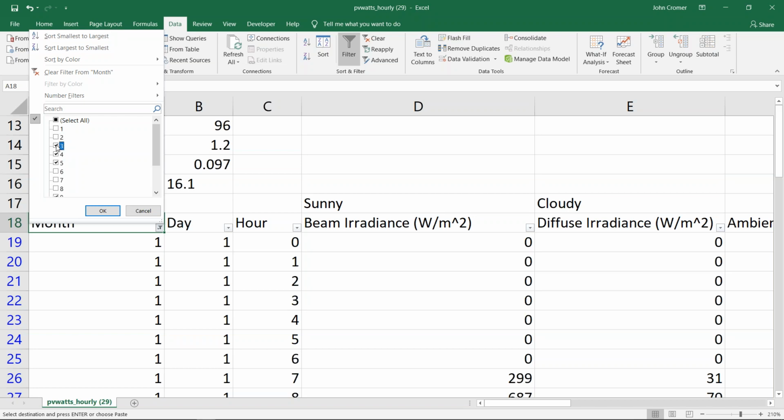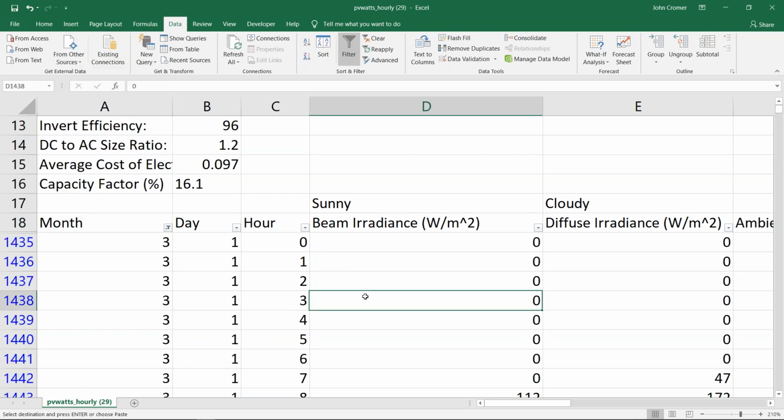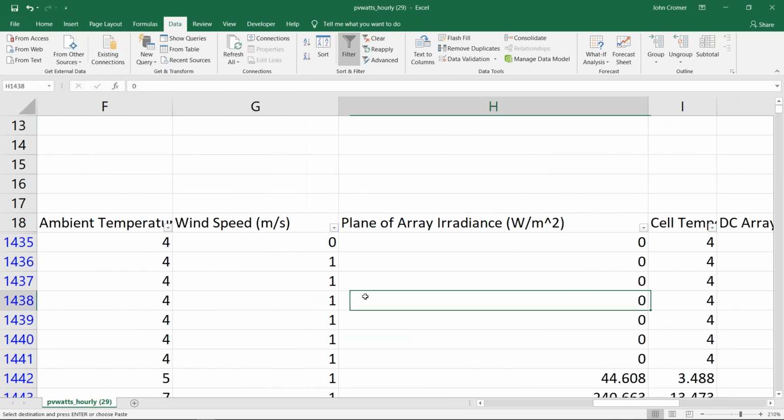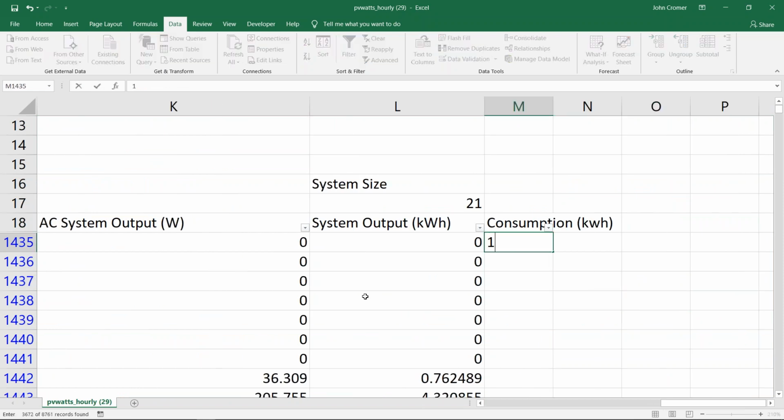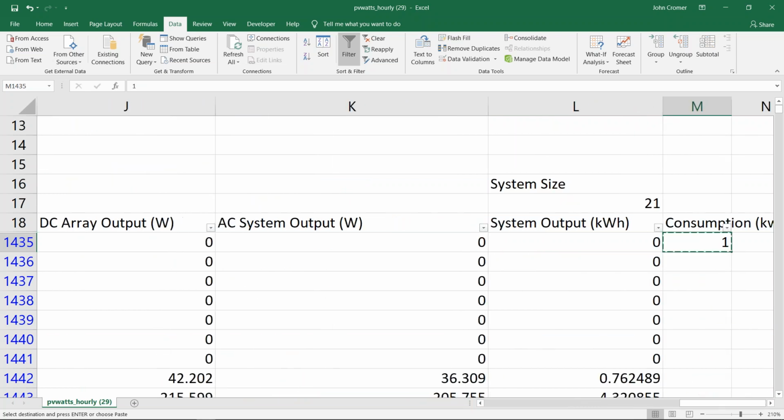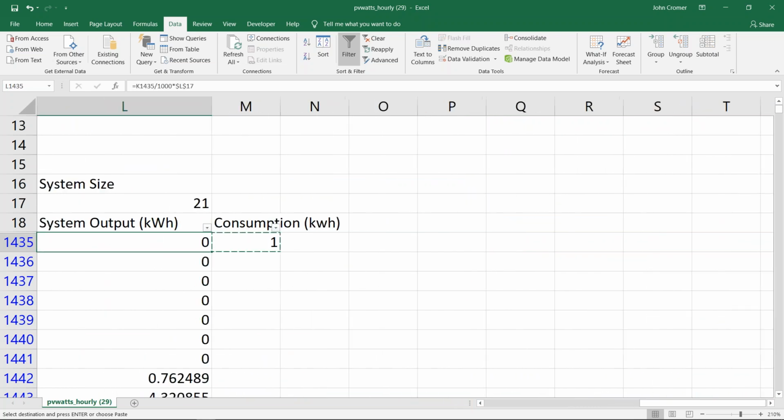So March, April, we'll take out June, July, August, and then do the rest of fall. We're doing 1 kilowatt hour rather than 2. That's a little bit basic, but I'm trying to do this a little bit fast.